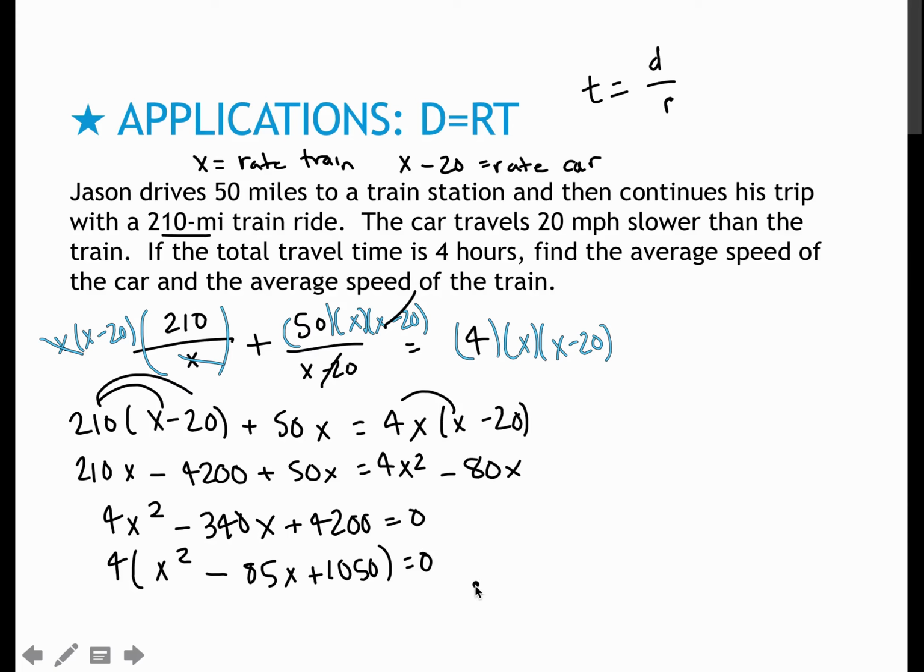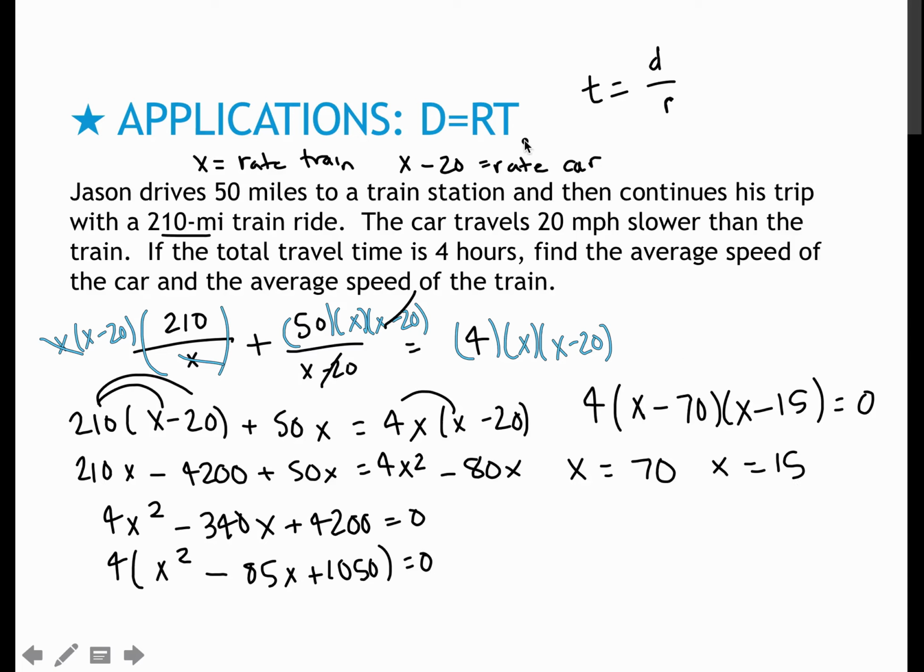So now let's look for numbers that multiply to 1,050 that add to 85. Factoring that, I would get x minus 70 and x minus 15, which of course means that x would be 70 or x would be 15.